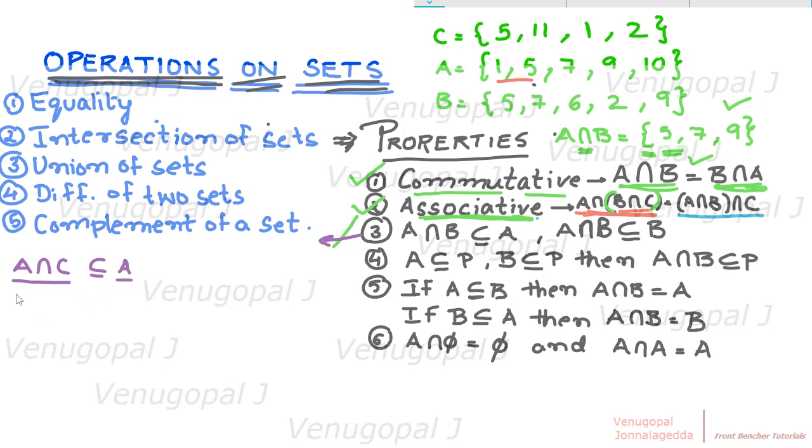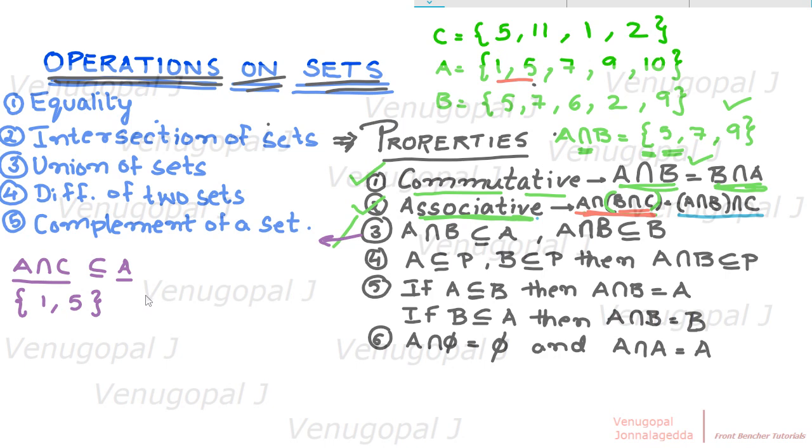A intersection C is, what are the common elements in them? We have 1 and we have 5, right? Is there any other common element in both of them? Okay, nothing. So we have a set which is having two elements, 1 and 5.